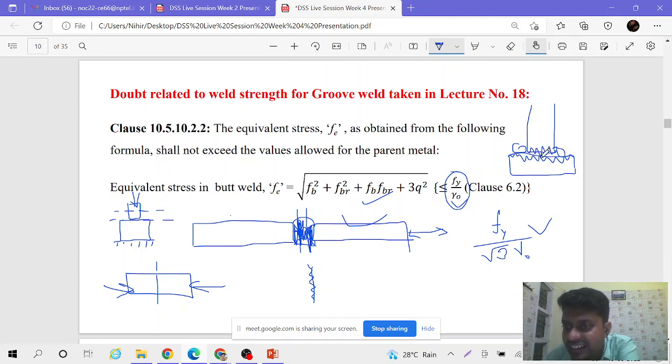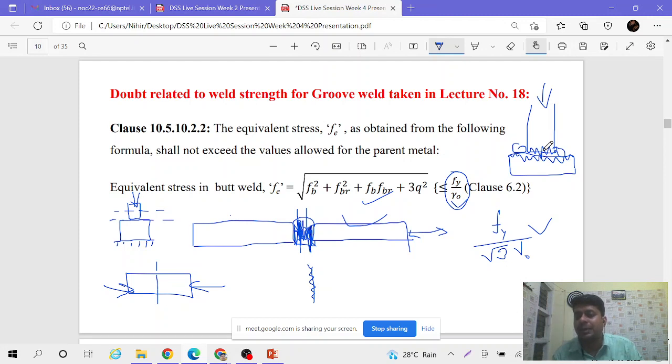Okay, and there is a gap between these two faces, so that we are allowing it to transfer the entire load through these welds. So we are designing these welds like that. The entire load will be transferred from this position to this position through these welds. But in the actual case, what will happen, not only this weld is taking the entire stress, this contact surface is also taking the stress, and because of bearing of these two surfaces, stress is transferring from this portion to this portion.